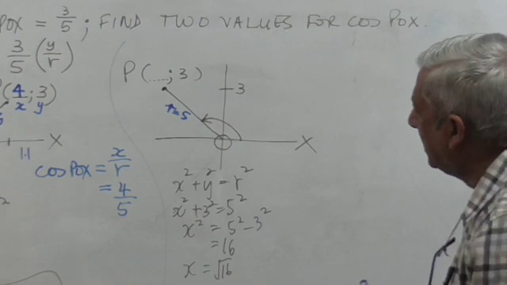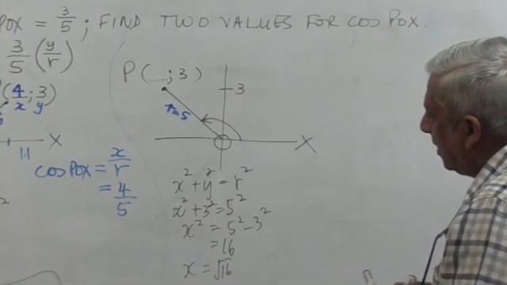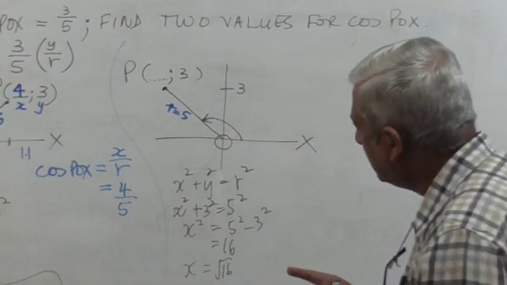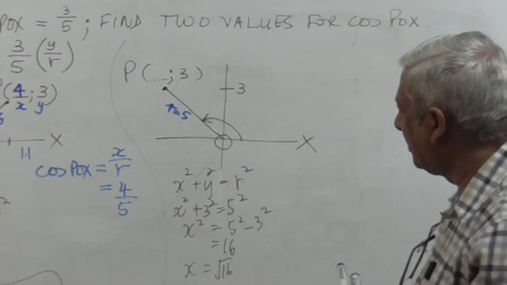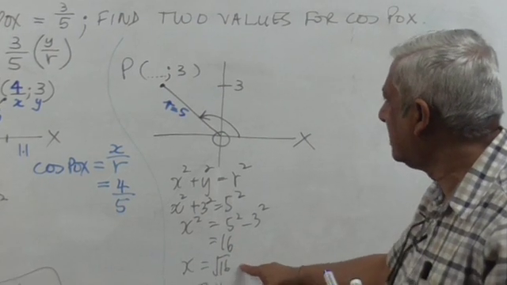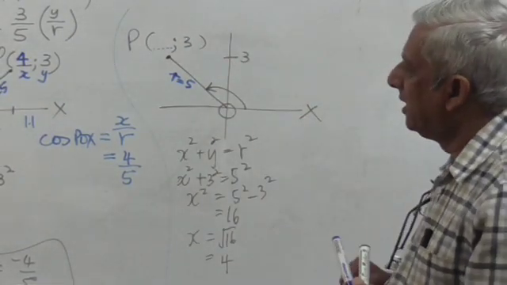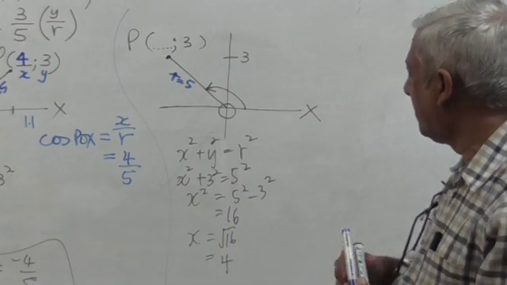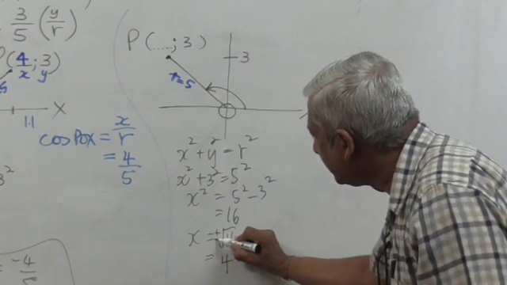Now, remember, when you're finding distance, then you always just say square root of 16. Listen carefully. When you're finding distance, you just put square root of 16. But because we're dealing with a Cartesian plane, x could be plus or x could be minus. That's why we write plus minus now here.